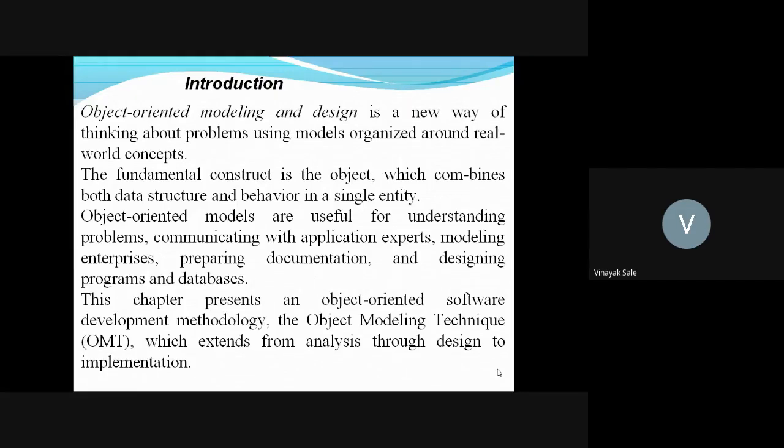This is the first part, to know the problem. Second part, communicate with application expert. That is, communication is the second part. Then modeling enterprise, generate a small demo regarding that construction. Then preparing documentation and designing programming and database.